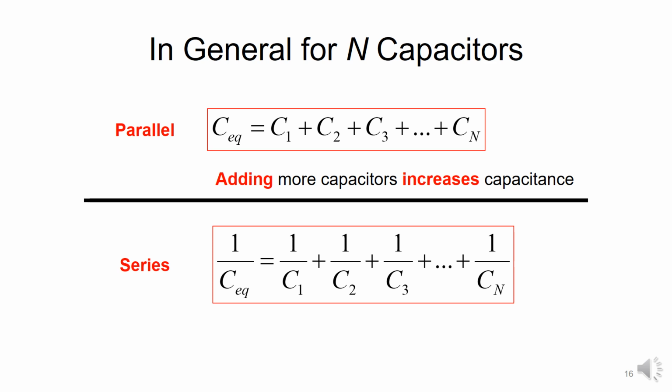To find the equivalent capacitance, you have to consider reciprocals of all the individual capacitors, which means that if you have more capacitors in series, the equivalent capacitance gets smaller. You can compare with the rules for series and parallel resistors, and you will see that it's the opposite. In series, more resistors produce a bigger resistance, and in parallel, more resistors produce a smaller resistance. Okay, so for capacitors, it's the opposite.